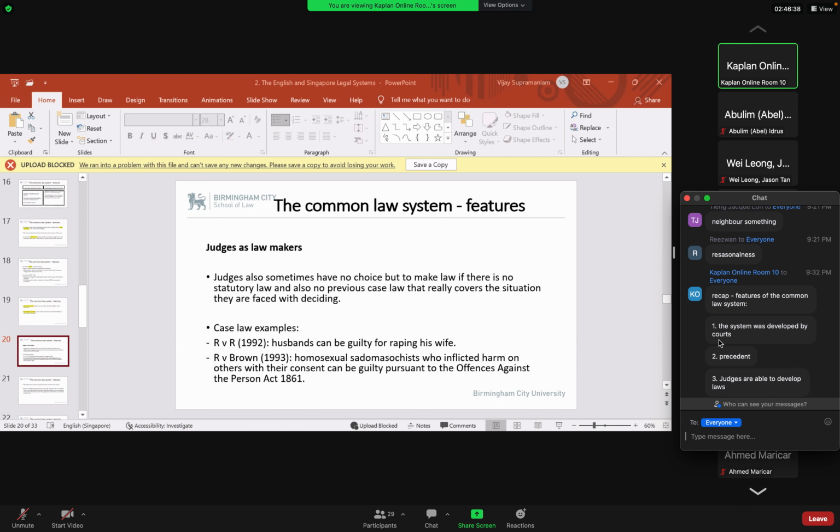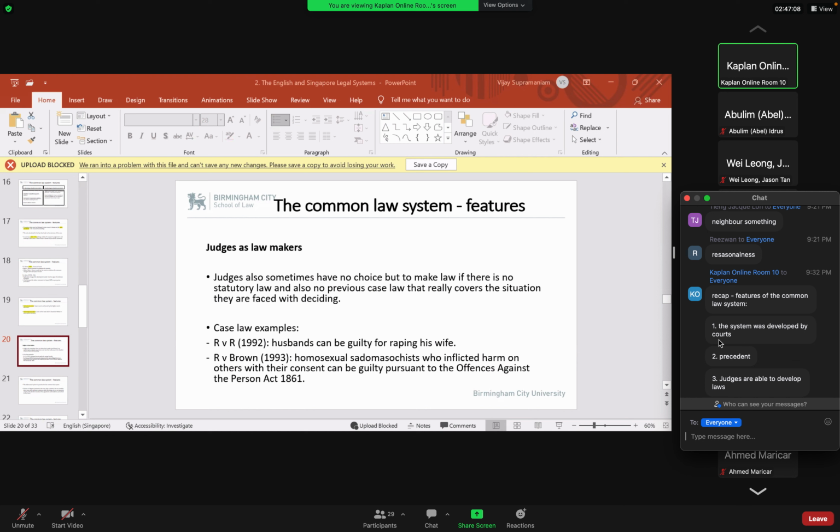The King's Court developed at a time when there were no acts of parliament, no legislation. So the courts had to create their own laws.